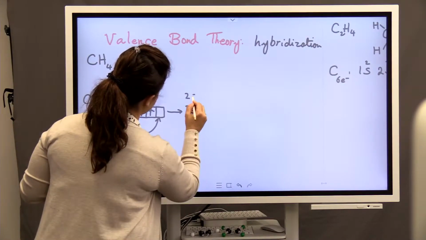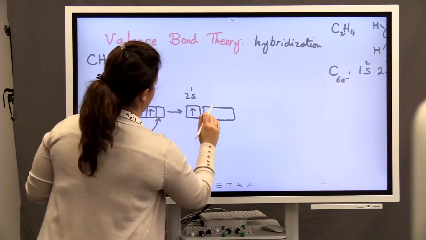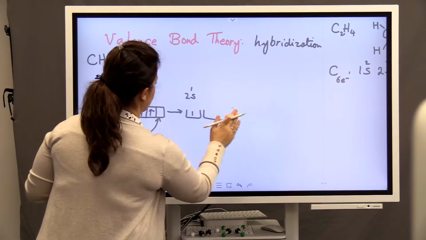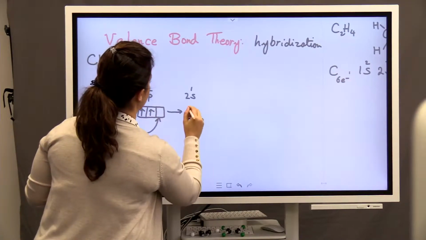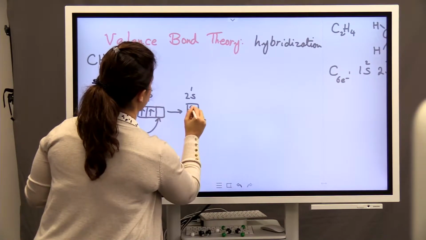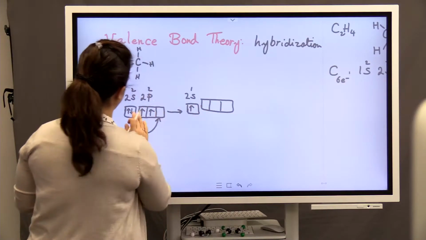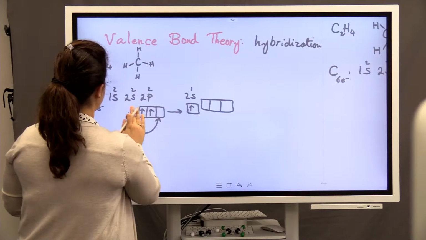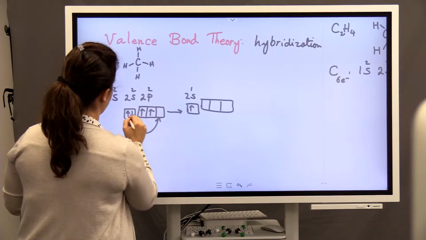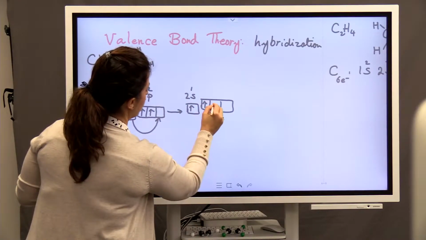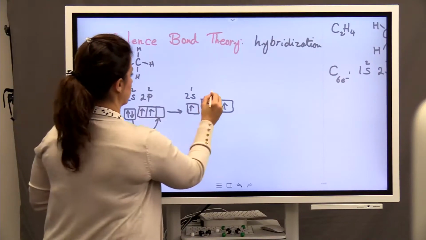Then you will have 2s1, and if I want to draw the correct energy, the energy of p is a little bit higher, right? I should have done the same thing before, excuse my drawing. Now how many orbitals do you have with single electrons? This is 2p3.